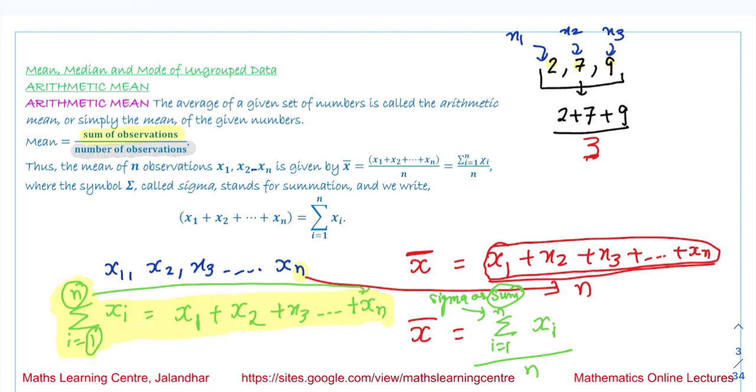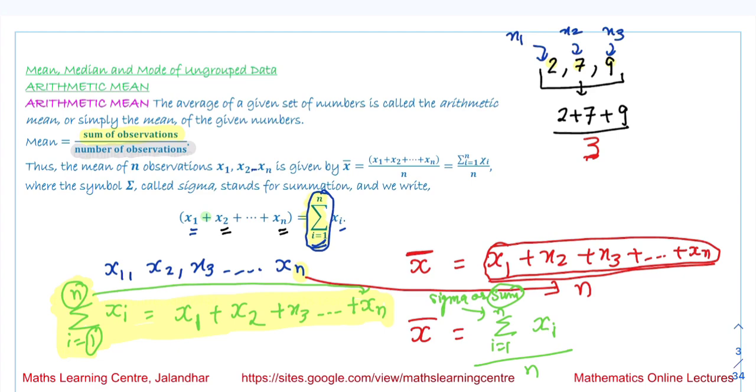These are the n values, and this notation is called the summation, sigma or sum. We begin with i equal to 1, so we substitute i equal to 1. Because of this symbol we are adding the terms, so we have added these values. Next we get x2, similarly up to xn.